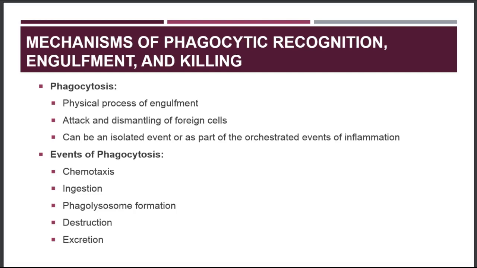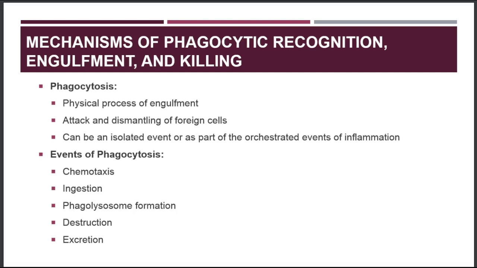Phagocytosis can be an isolated event, so you might have a single foreign body and a single neutrophil or single macrophage that is going to engulf that foreign body, or phagocytosis could be an orchestrated event that is induced by the process of inflammation.